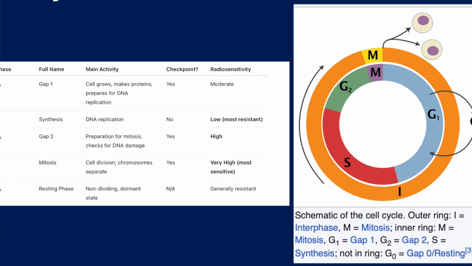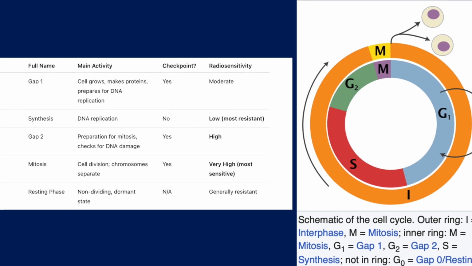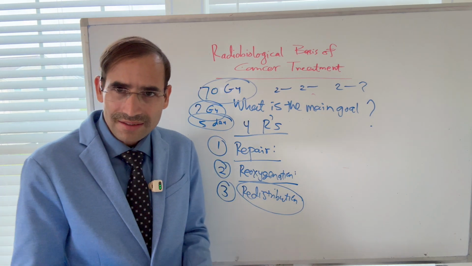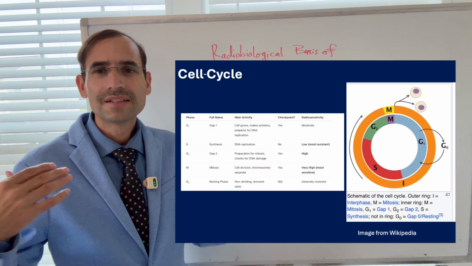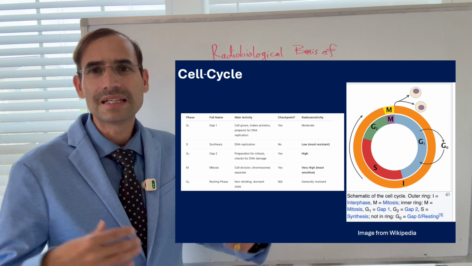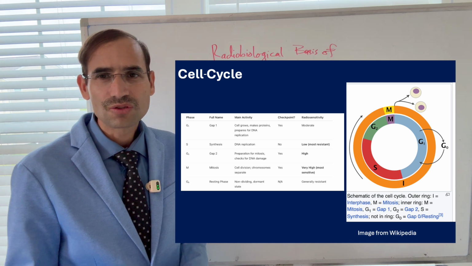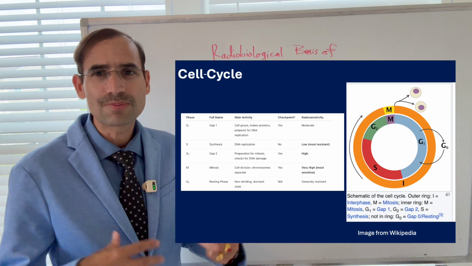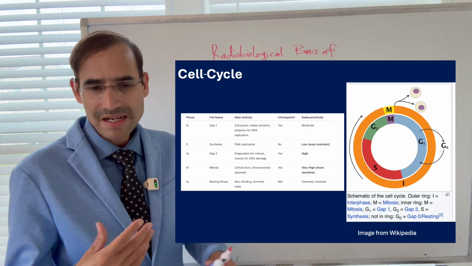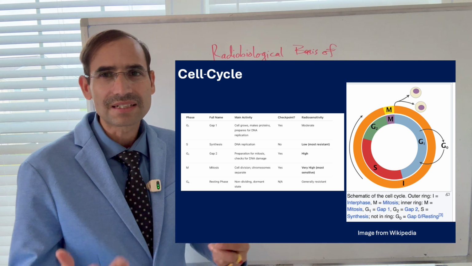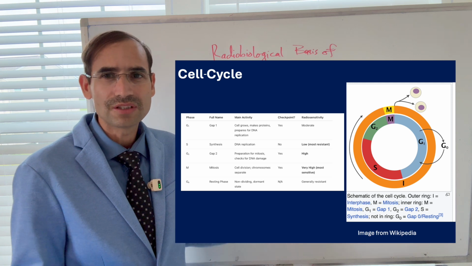different cell cycle phases. We have 4 different phases: initially gap 1, then the synthesis phase, then the gap 2 phase, and then the mitosis phase. I'll come to that point. Depending upon these cell cycle phases, some phases are really sensitive to radiation.